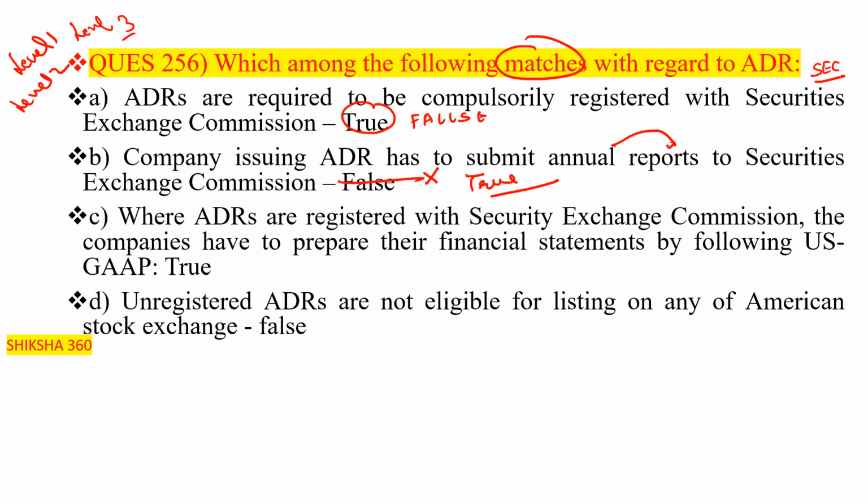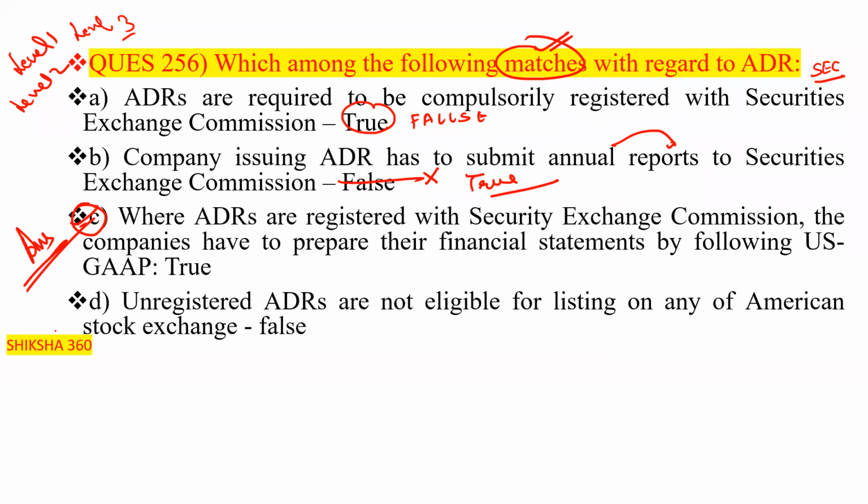Yes, this one is true. They have to prepare their financial statements. So option C is the true one here, and this is the answer, because we have to find out which of the following matches.